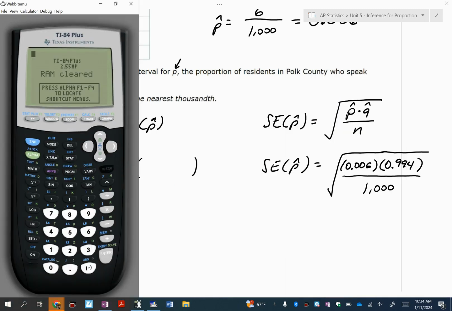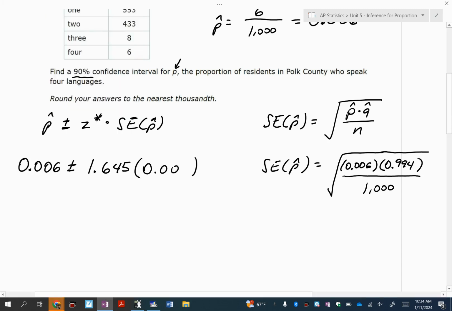I'm going to do the square root of 0.006 times 0.994 divided by 1,000. And what did I just calculate? Very good. The standard error of our sample proportion. So 0.002. I'm going to write the rounded number, right?